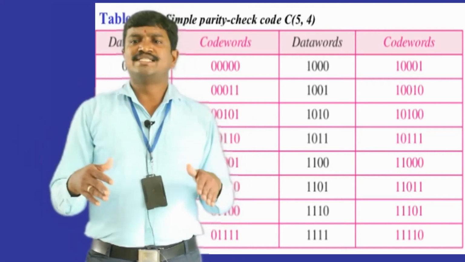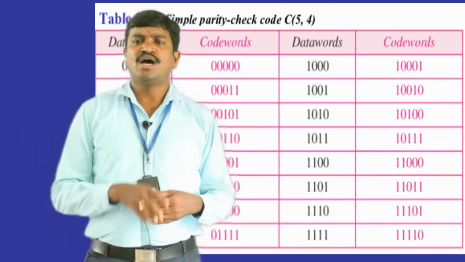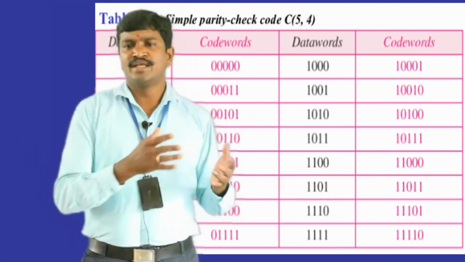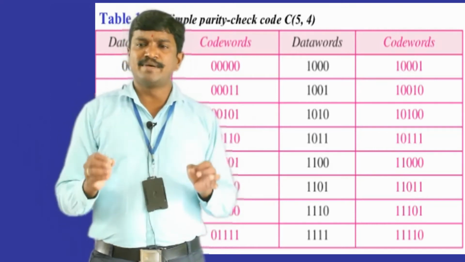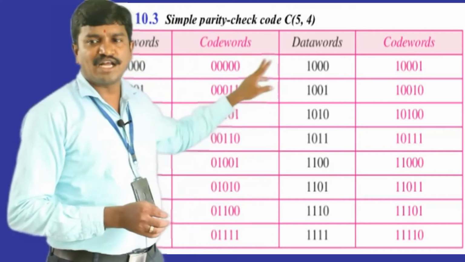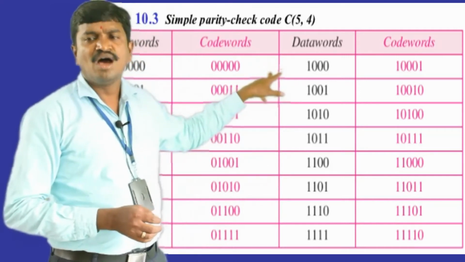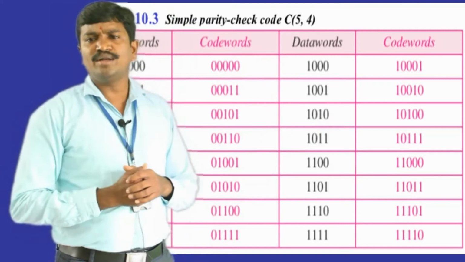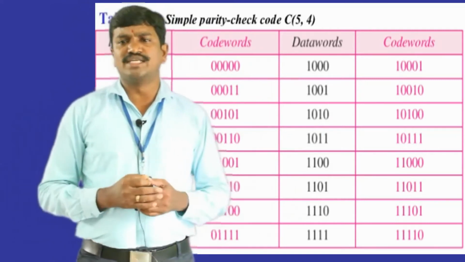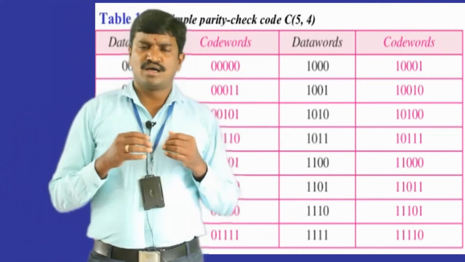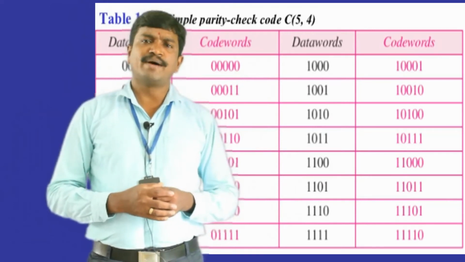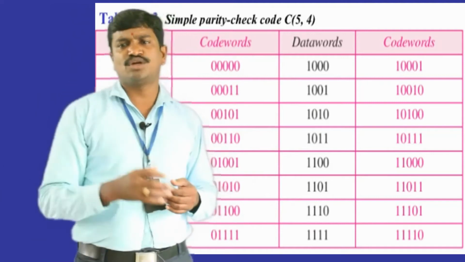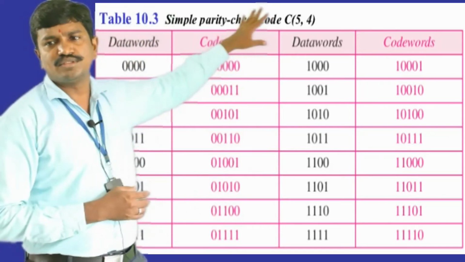It may be the same one we have taken for the calculation, or it may be different, but it must be present in the valid code word list. This way, the principle of linearity works for the simple parity check code, which is a (5, 4) combination in this method. See, 5, 4.